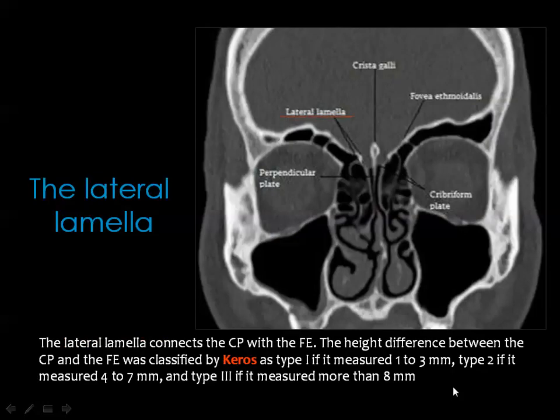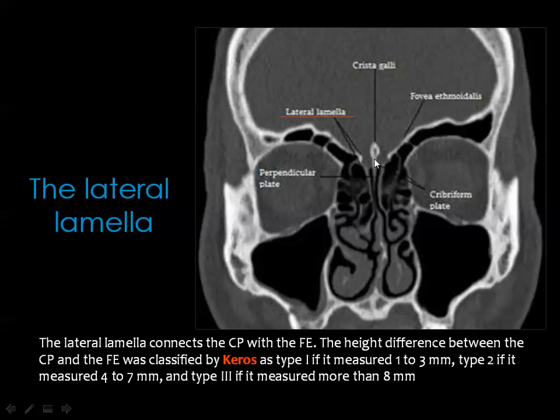Then this is what we call the lateral lamella, which is part of the anterior skull base. As I have mentioned, this is the cribriform plate of ethmoids, and this is the crista galli. Then this is the lateral lamella, which is the junction between the cribriform plate of ethmoids and another structure which is present here known as the fovea ethmoidalis.